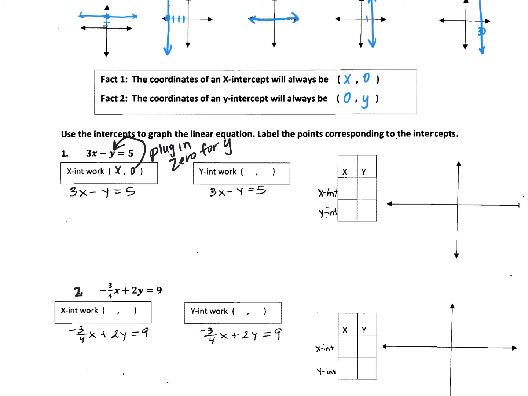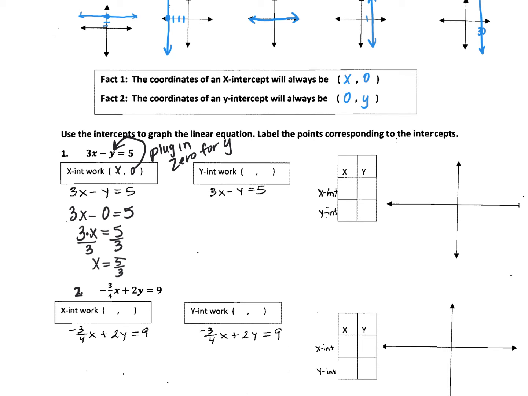We should be solving for y when we want the y-intercept. So if I have 3x minus 0 equals 5, 3x minus 0 is just 3x equals 5. And remember, to get rid of multiplication, we're going to divide by 3, and x is 5/3.